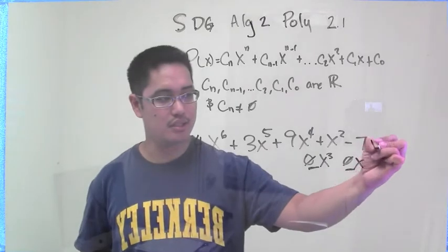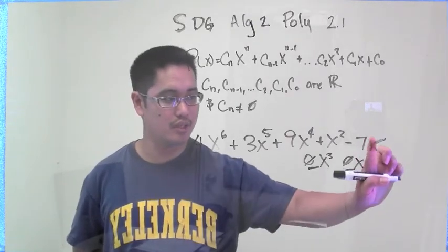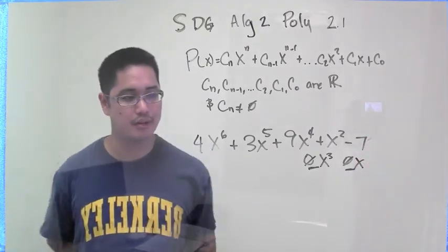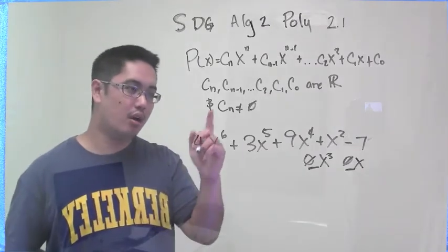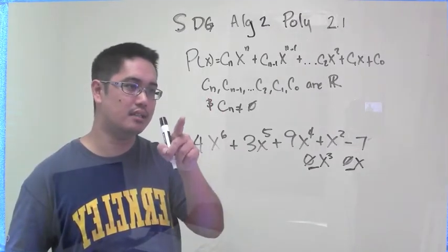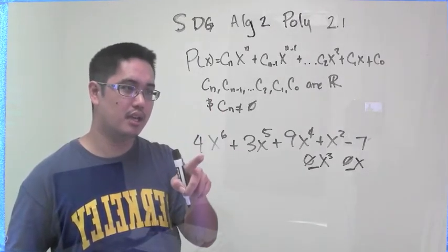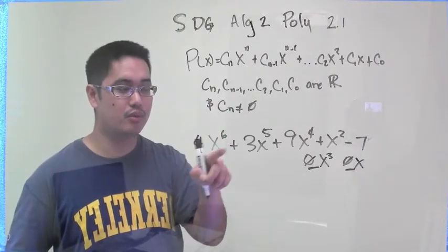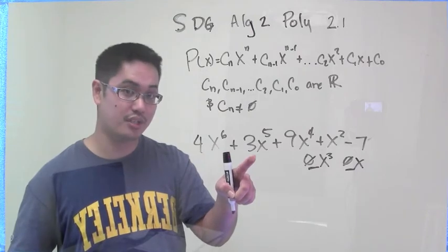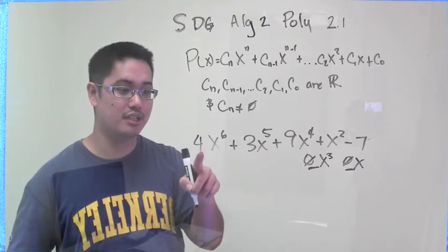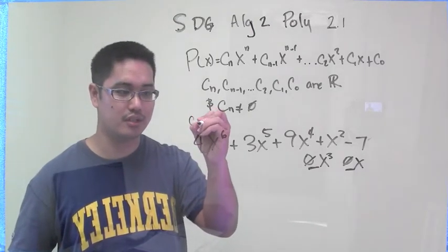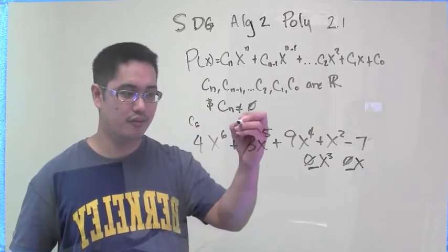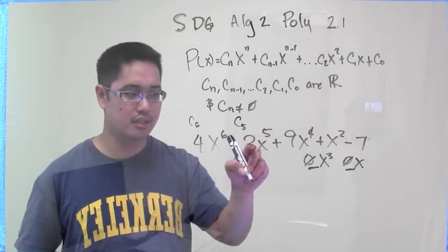And by the way, x to the 0th power is the same as 1. That's why we don't even write that part over there. And then all it's saying is that this Cn happens to be 4. The Cn minus 1, which is talking about the 5th coefficient, because this is talking about the C6, the 6th coefficient is 4. The 5th coefficient is 3.